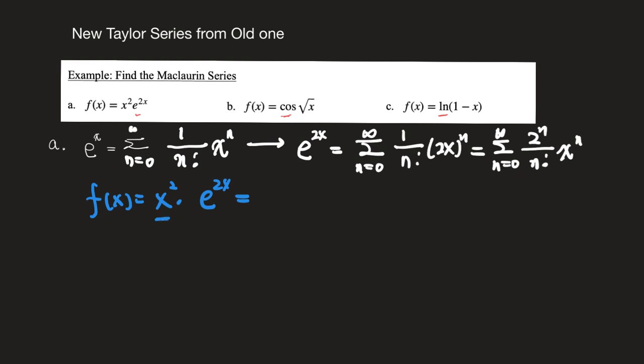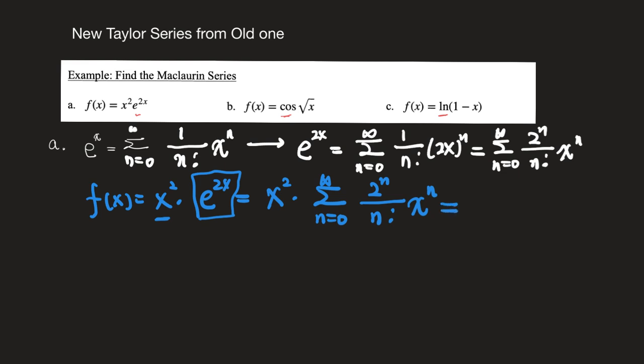So we have x squared, but we know the Maclaurin series of e to the 2x, right? So x squared times the summation n equals 0 to infinity of 2 to the n over n factorial x to the n. Can you simplify this?